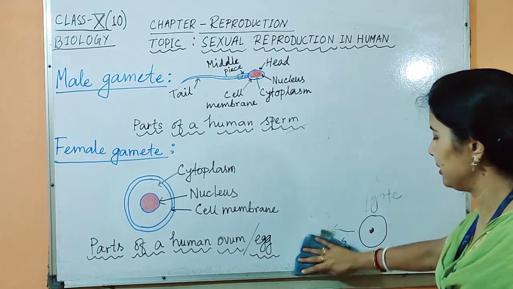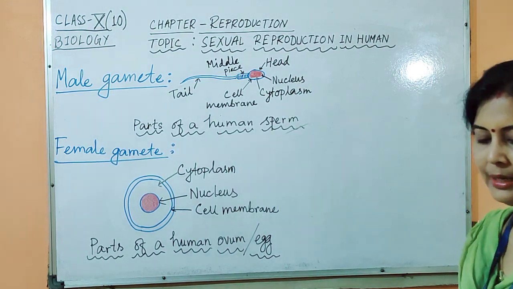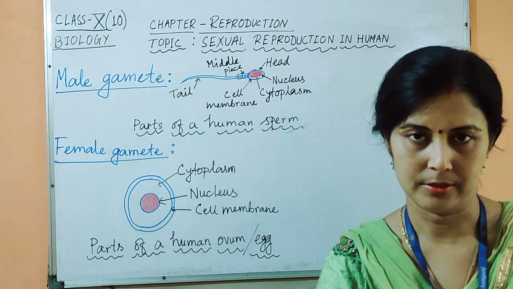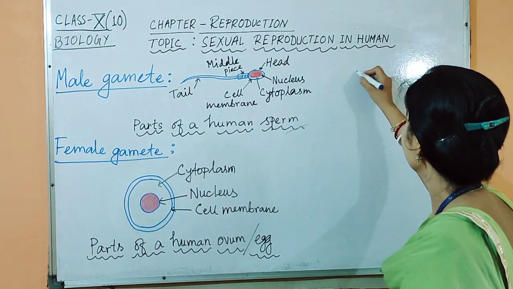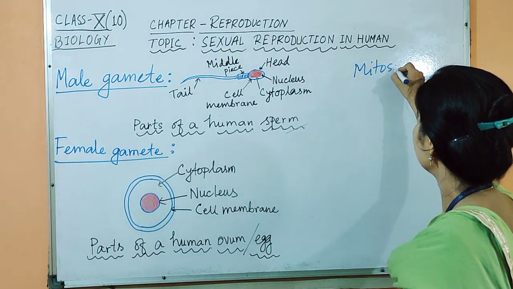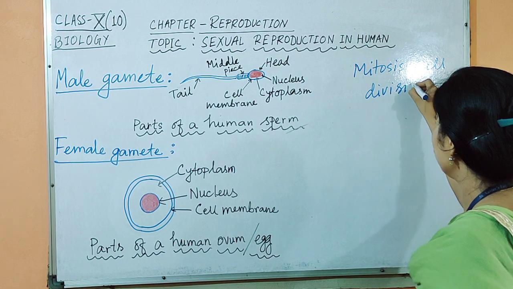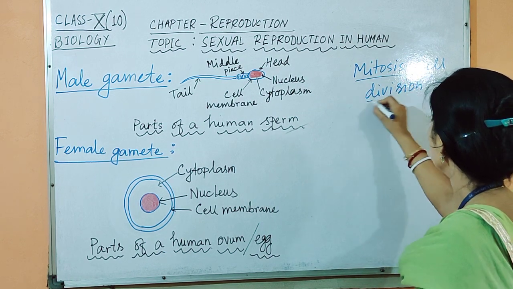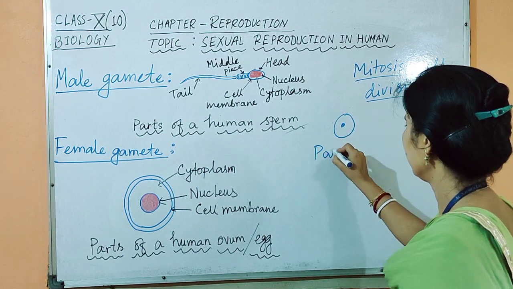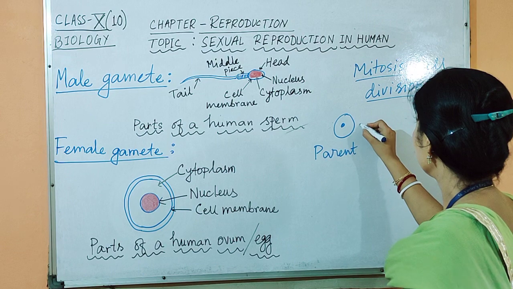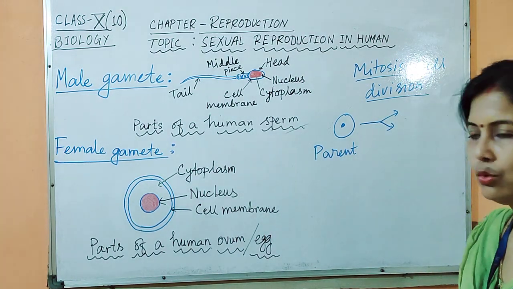So in case of mitosis division, one cell divides into 2 equal cells, and it is seen in the vegetative cells. Vegetative cells divide by the process of mitosis. Here we can see, in case of mitosis, one parent cell divides and forms 2 daughter cells.